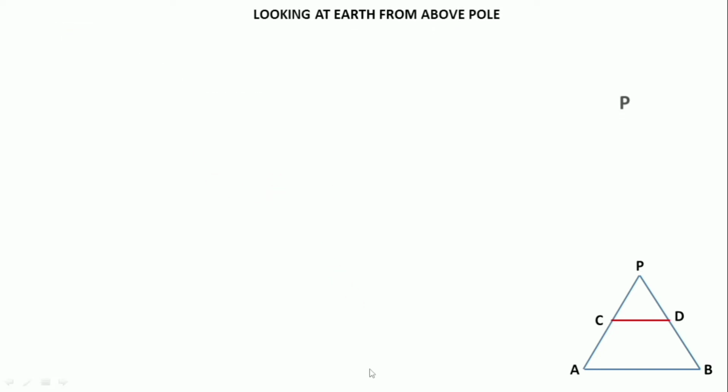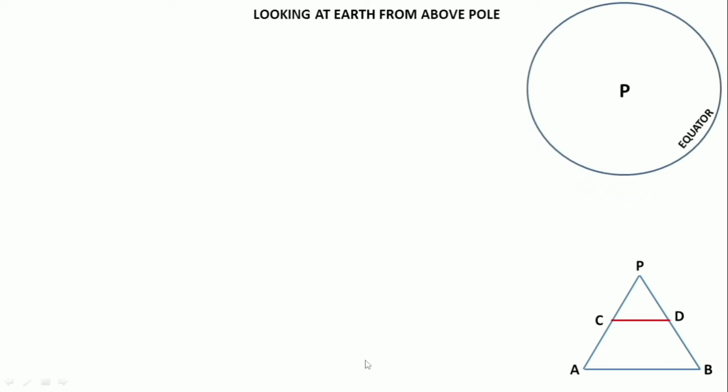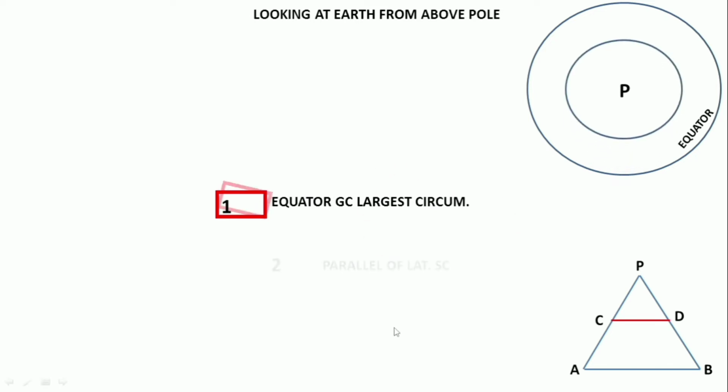Looking at the Earth from above the pole, you will see the equator, which is a great circle with the largest circumference. And then you'll see small circles, parallels of latitude, small circles with smaller circumference.